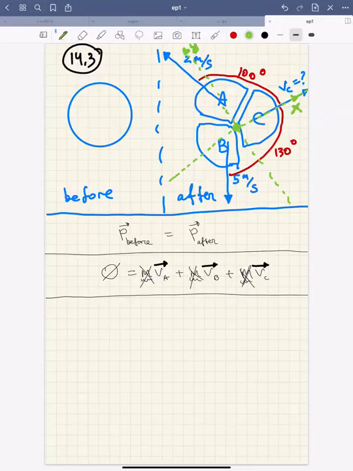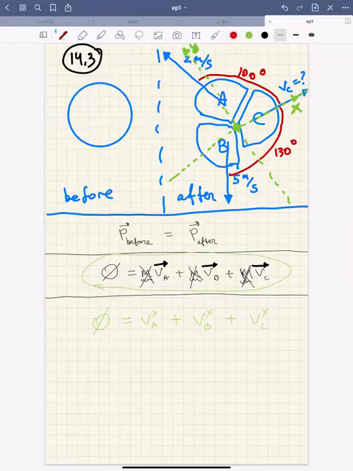So let's write down this equation. For the x axis, I have 0 is equal to the x projection of v a plus the x projection of vb plus the x projection of vc. So now to find these projections, I will have to do a bit of trig.